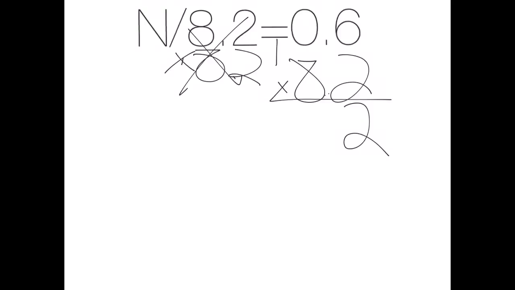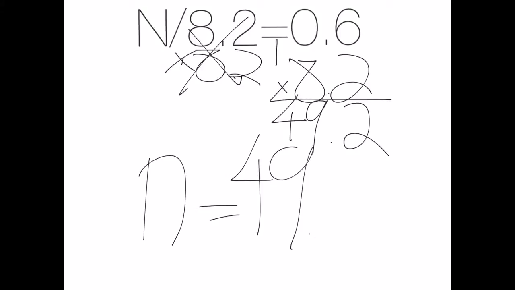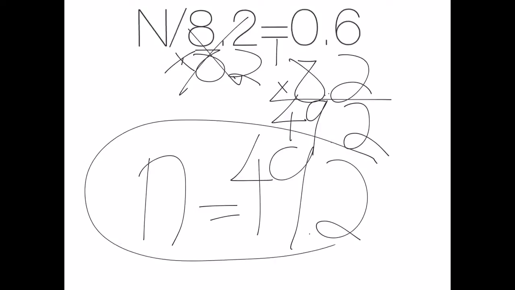Carry over your 1. 48 plus 1 equals 49. So now n equals 49.2.